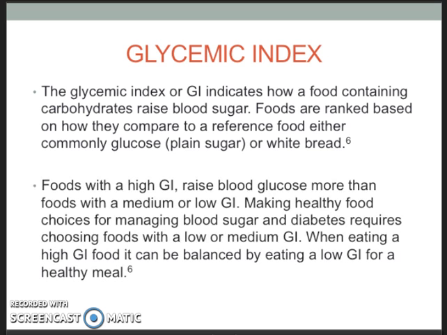Foods with a high GI raise the blood glucose more than foods with a medium or low GI. Making healthy food choices for managing blood sugar and diabetes requires choosing foods with a low or medium GI. When eating a high GI food, it can be balanced by eating a low GI food for a healthy meal.